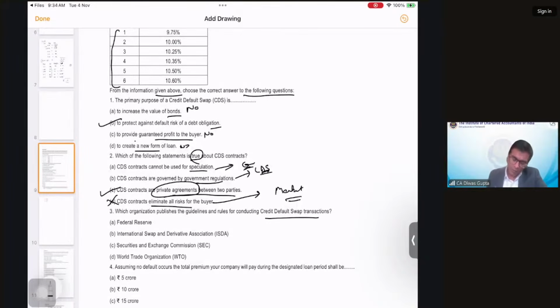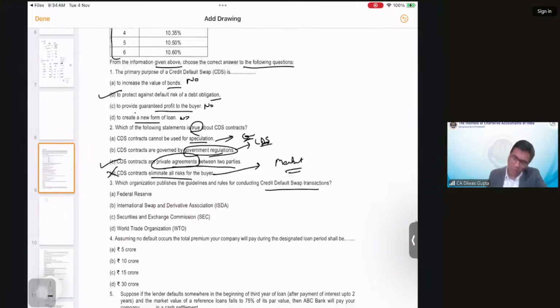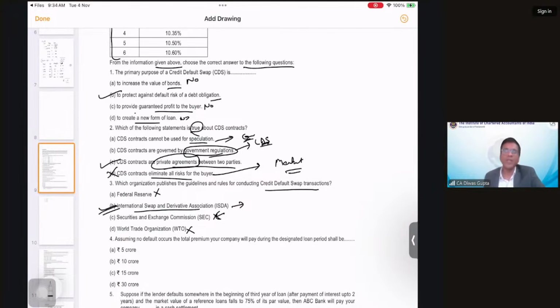So, although there is no government regulation, still there is one association which governs this, which is the International Swap and Derivatives Association. Because see, SEC is a government one. This also doesn't do this, and this also. So the overall functioning of this is actually governed by the International Swap and Derivatives Association, students. Okay, and this is being OTC in nature. OTC means over the counter in nature.